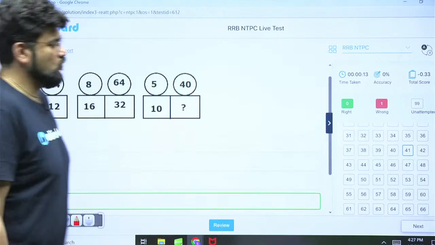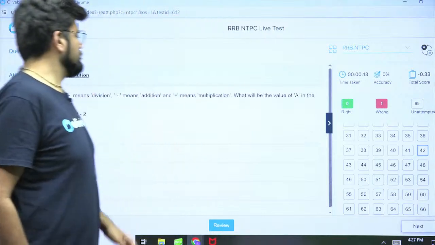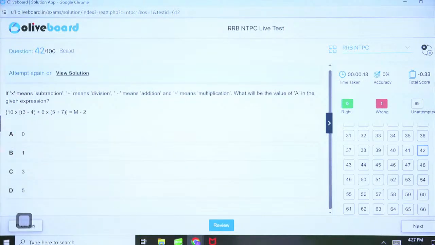Question number 42. Try this. These questions are usually very easy.